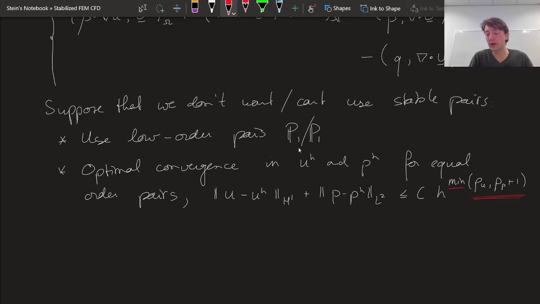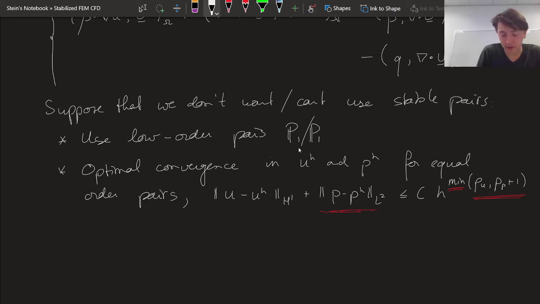We're taking the minimum here. So you would get a value 2 as opposed to 3. So you wouldn't get the optimal convergence for your pressure anymore. Yeah, so suppose that you do want to use equal order interpolation pairs, and you want to get good error convergence for both fields, then the theory that we discussed so far doesn't quite cover those bases.